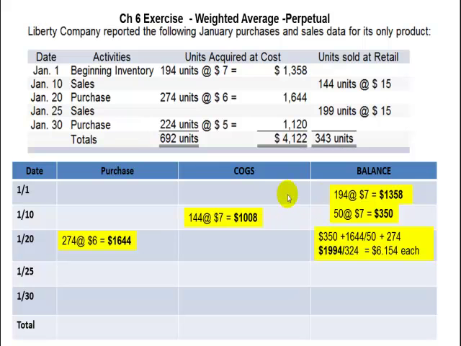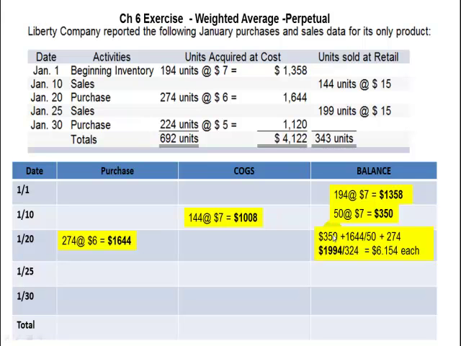So the 50 we had plus the 274 that we bought means we have a total of 350 of these units, and their total value, excuse me, did I do that wrong? Oh yes, I'm sorry, hang on, let's start this over.